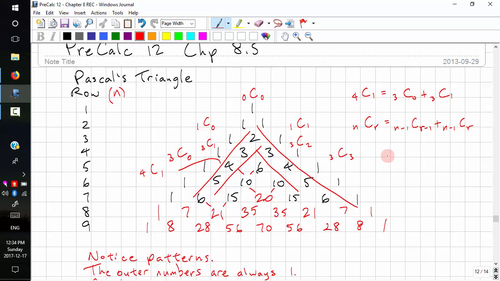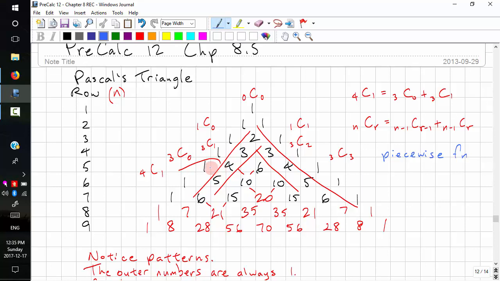Now, if you want a challenge, what you would like to try to do is write a piecewise function to perform this calculation. The reason why you need a piecewise function is this formula only works on the inside terms. It doesn't work on the outside terms.